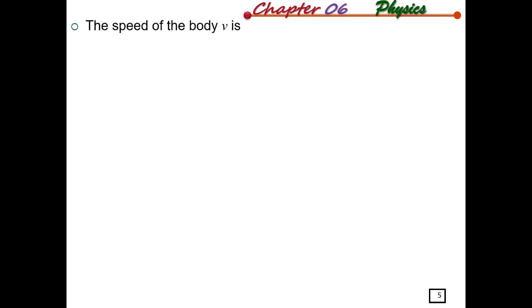The next one we look at is the speed of a body. Based on the formula in chapter 2, the speed v is distance travelled over time.